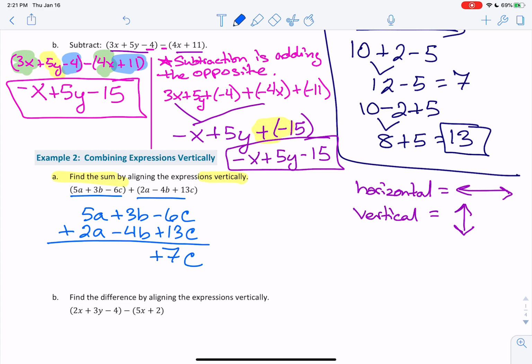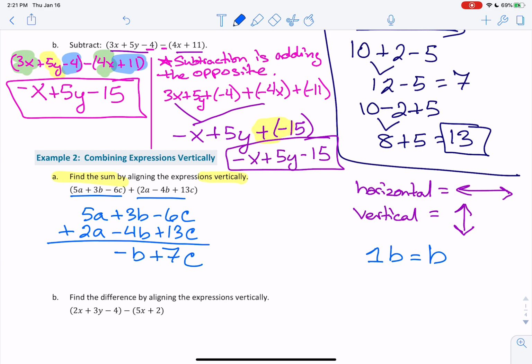I have negative 4 B's, but I have 3 positive B's. So if I owed you $4 and I paid you back 3, I'm still going to owe you $1. So that's just going to be a B. Remember, 1B can be written as just a plain old B. So 1B is the same thing as a B.